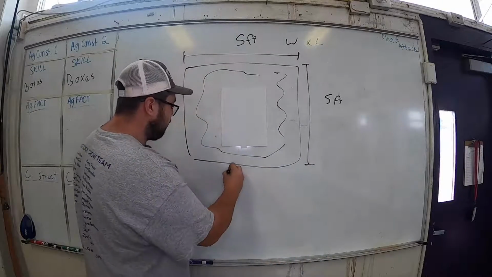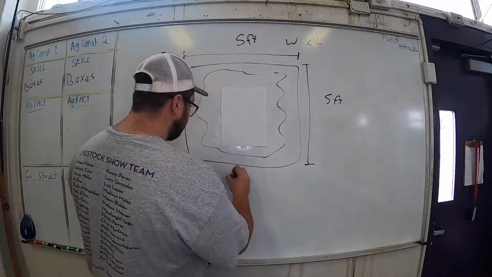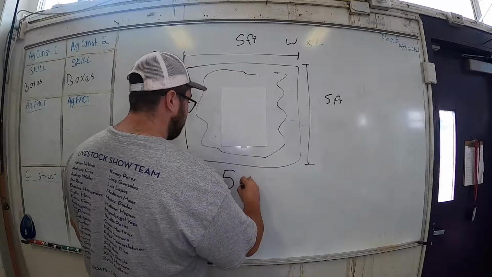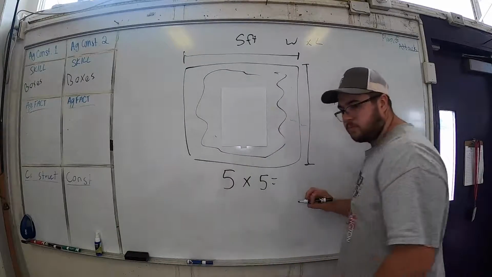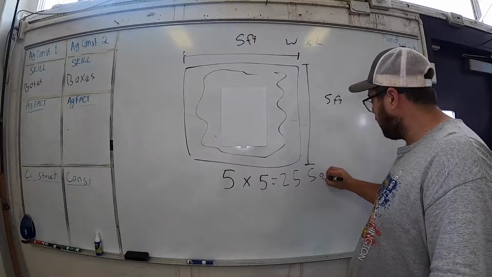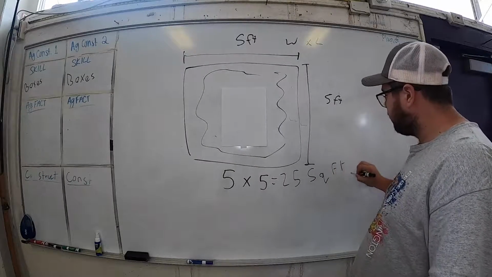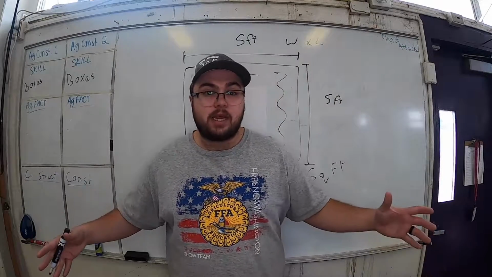So let's do 5 times 5, and that will equal 25 square feet.